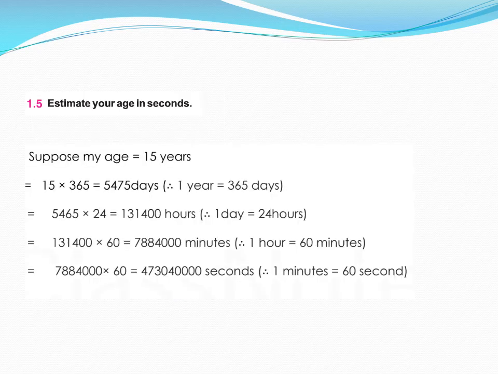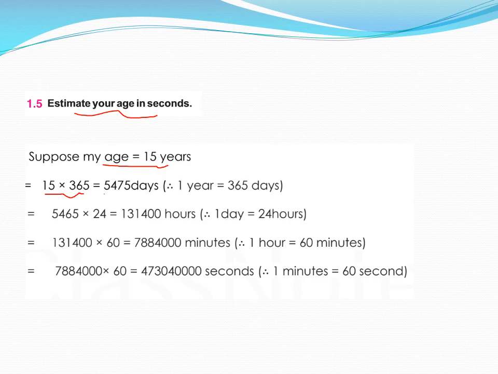Dear student, this is a very interesting question. Estimate your age in seconds. For the sake of doing this question, suppose the age is 15 years, and we express this 15 years into seconds. So first of all, let's multiply 15 with 365, because there are 365 days in 1 year.